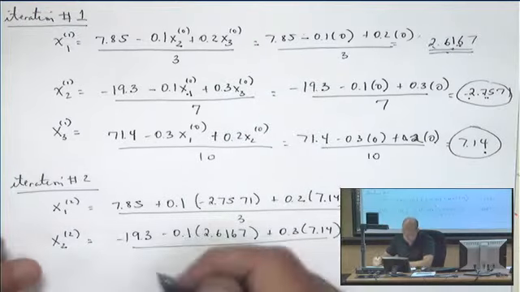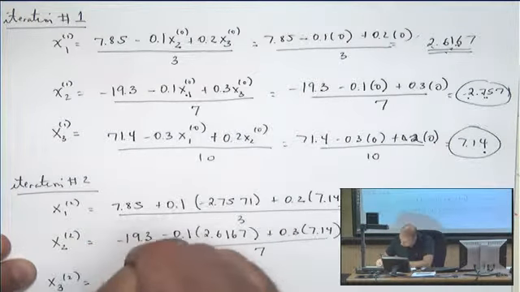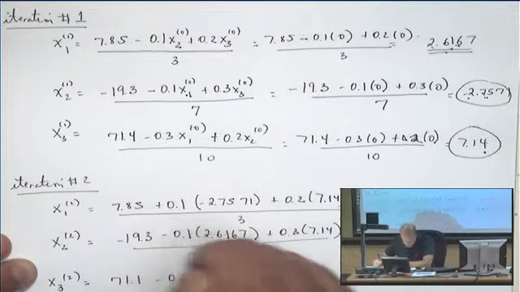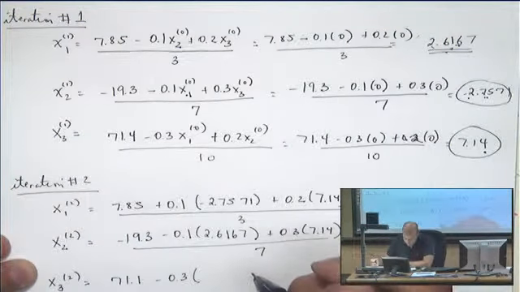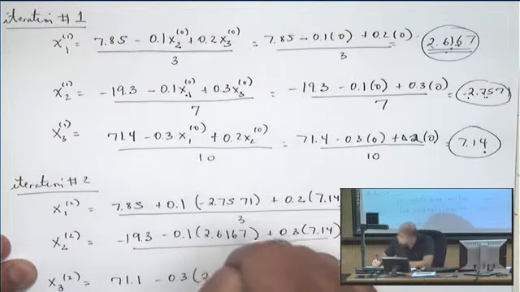All right. And x3 to 2 is going to be 71.1 minus 0.3 times whatever our value of x1 was, which was, again, this was the 2.61.